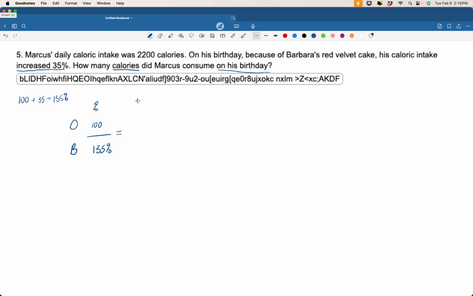So the calories that he had originally, he would have 2,200. We don't know how many he had on his birthday.